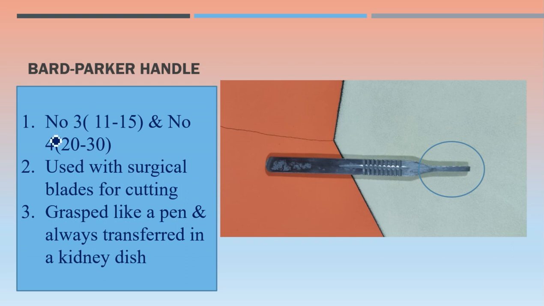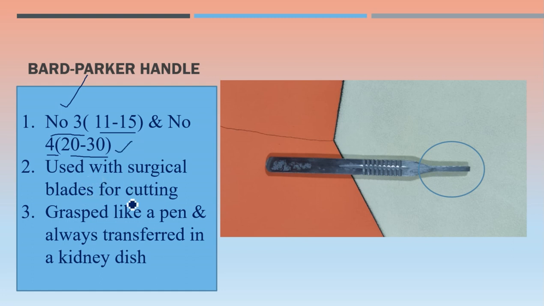Two varieties are available: the Bard-Parker handle number 3 and number 4. I have already told you that surgical blades number 11 up to 15 are commonly used with number 3, and for number 4, blades from 20 to 30 are available.